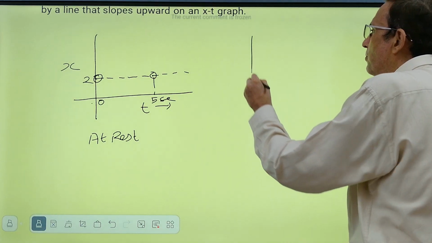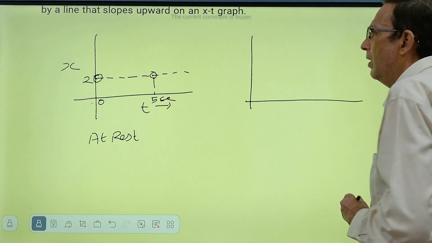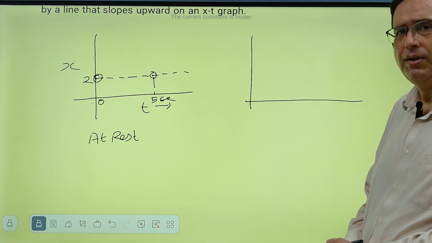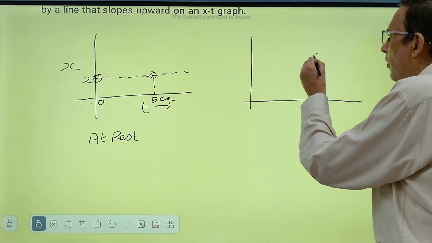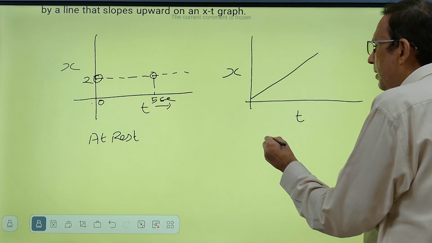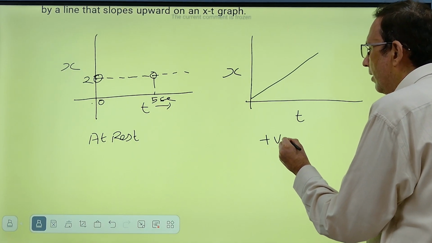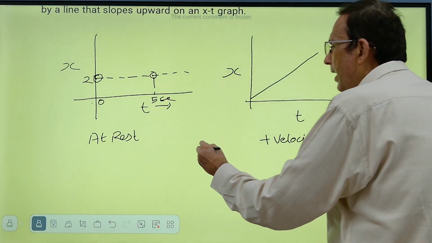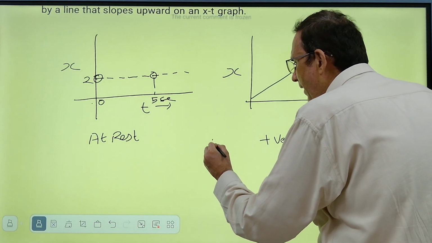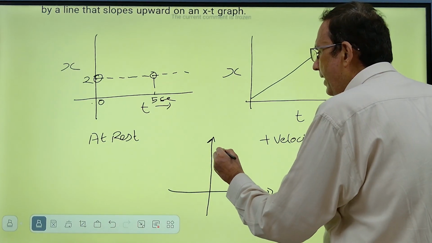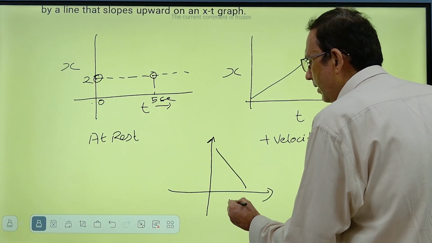Similarly, for another object which is moving with a uniform velocity in the east direction, or the forward direction, we would have a positive slope, time versus x. So it is positive velocity. And if the object is moving with a negative velocity, then its slope would be negative.